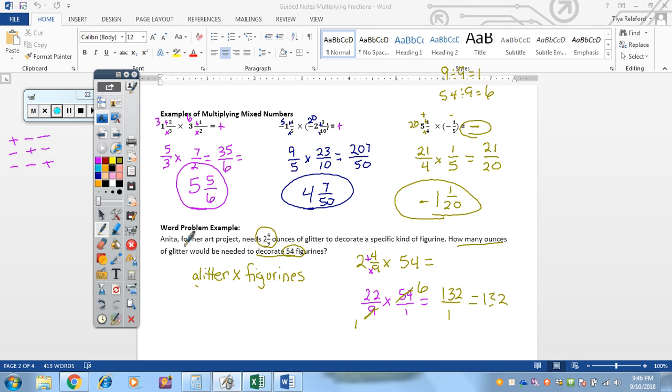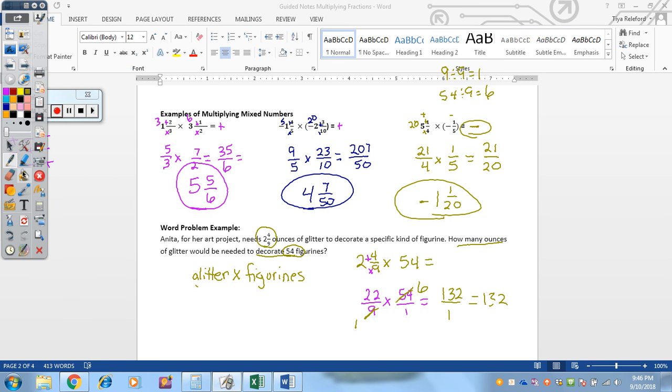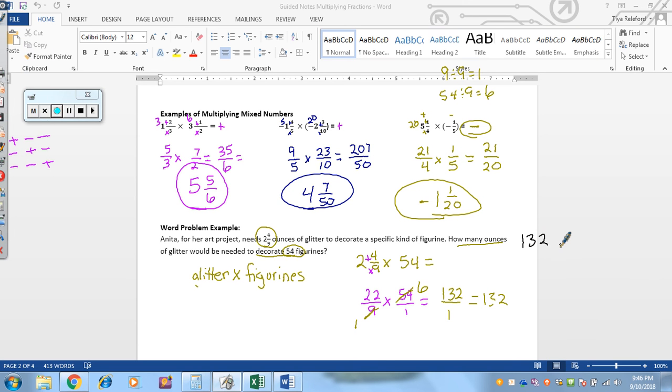So how many ounces of glitter would be needed to decorate 54 figurines? 132 ounces of glitter is needed to decorate 54 figurines.